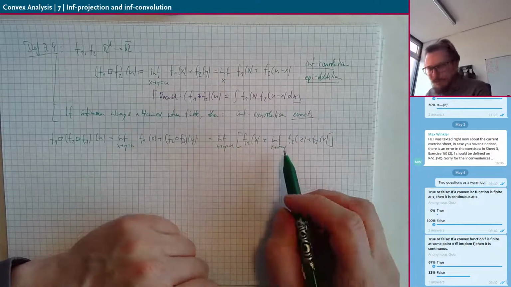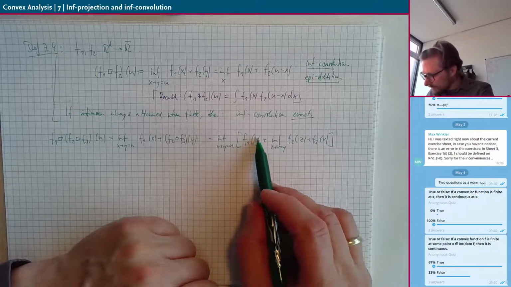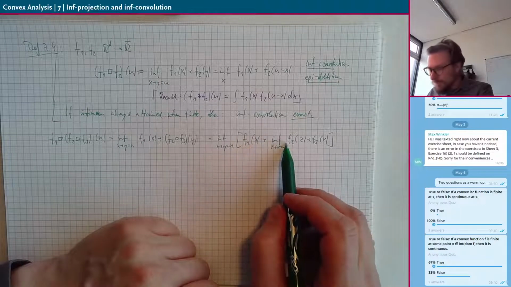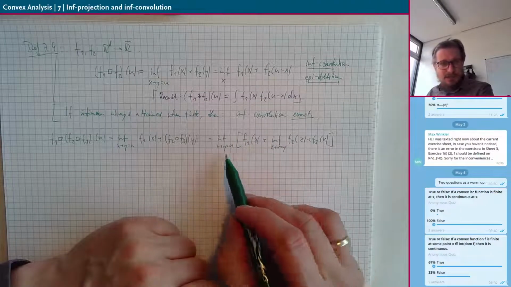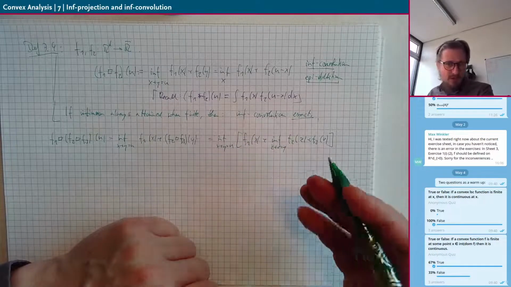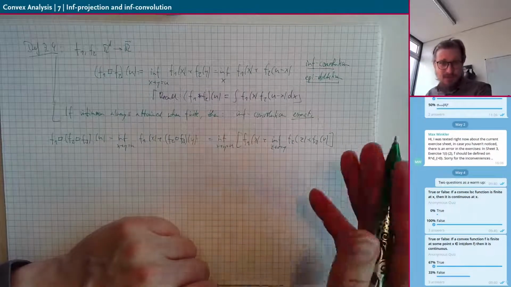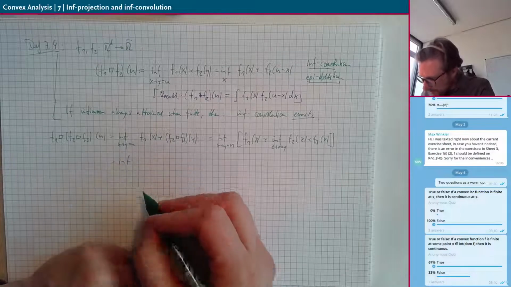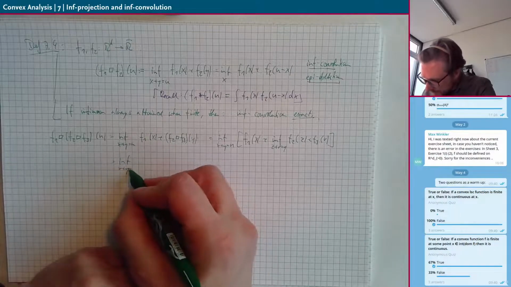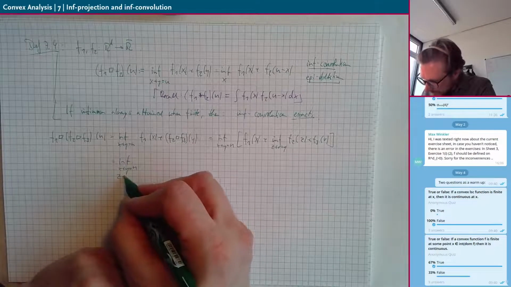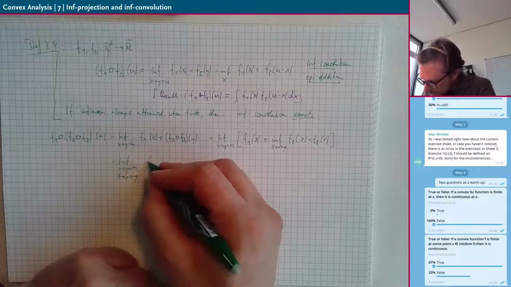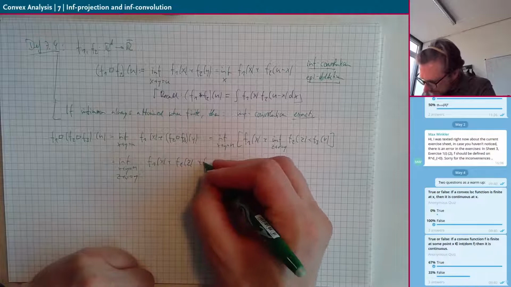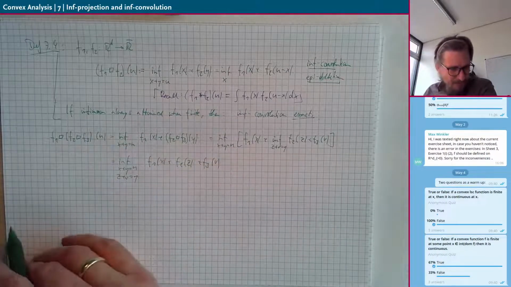How do we deal with this? Of course, f1 of x is a constant, not depending on the infimum over here. It can just move into the infimum, and then infima commute. Taking two infima over two different variables, you can do it in any order, so you can do it simultaneously. So we have the infimum over two decompositions, x plus y equals u and z plus v equals y, of f1 of x plus f2 of z plus f3 of v.